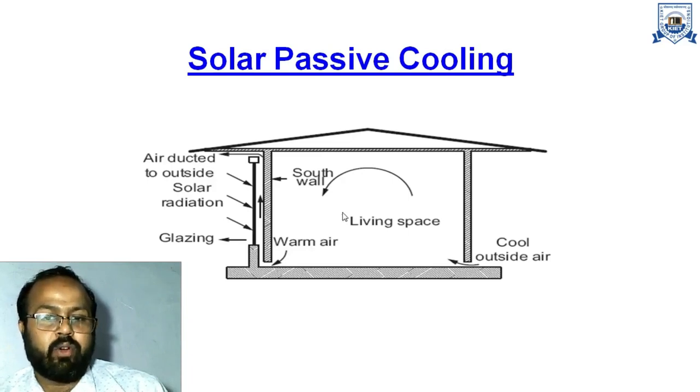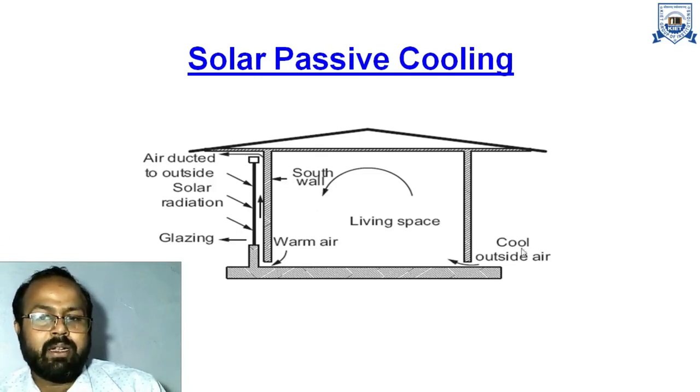Warm air, due to density, moves upward. The warm air is ducted out through this particular chamber, and the cool inside air is inserted into this space. So the warm air in the space is replaced by the cool air, and the warm air is ducted into the environment.